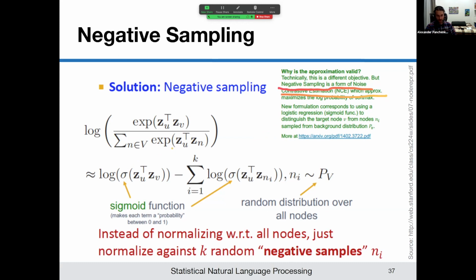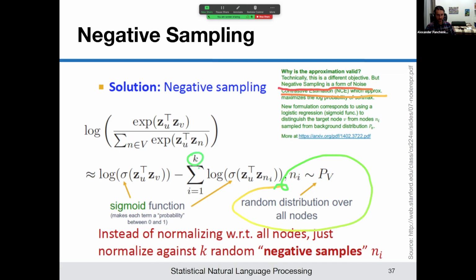And to do this, what is suggested by these approaches is to generate from some random distribution, which is proportional to just a distribution across all of the nodes, several negative samples.